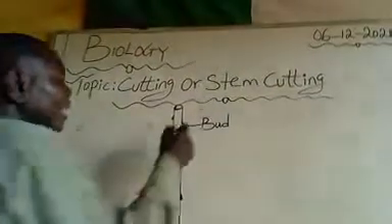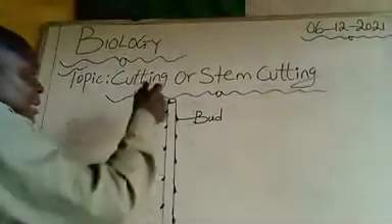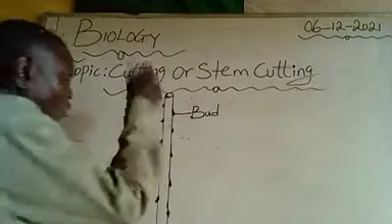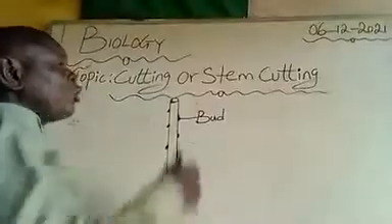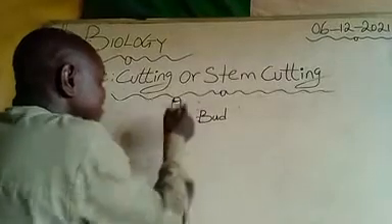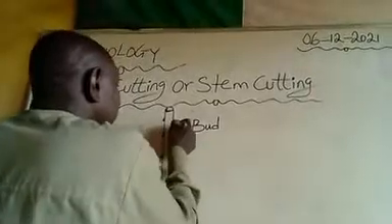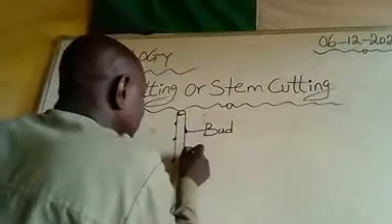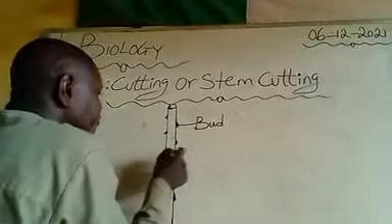Okay, now what we are going to do is to cut the stem into portions. We are going to cut this stem into portions. As you can see, this bud is useful.